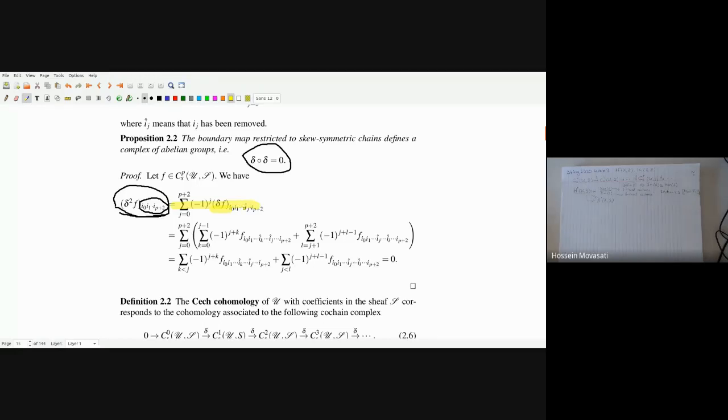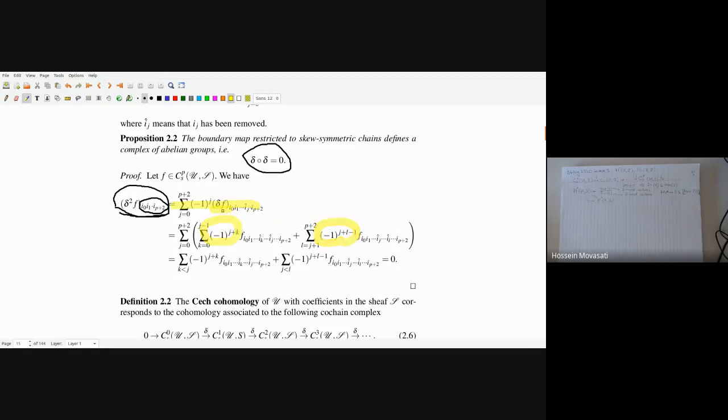So we have to distinguish between the other indices that we are going to write, the ones less than j and the ones bigger than j, because the minus signs will be different due to this missing ij.